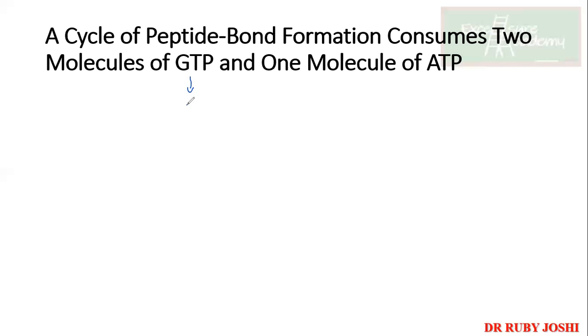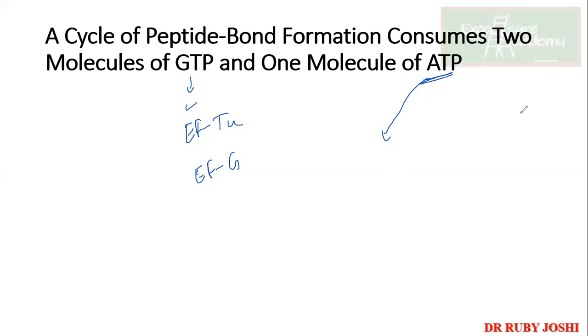Yes, but what is the name of that factor? Akshay, would you like to try? One GTP is used for EFTU, and one GTP is used for EFG, and I guess the ATP is for the adenylation, the first process for charging the tRNA.